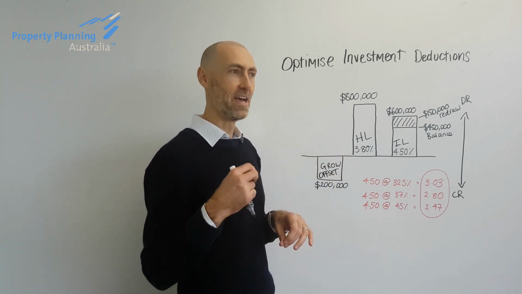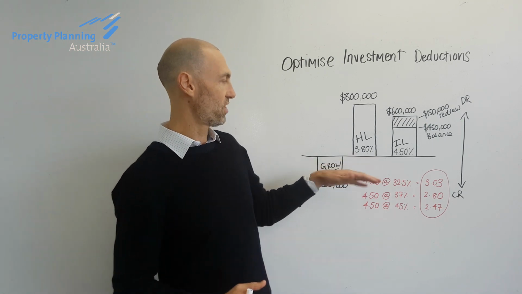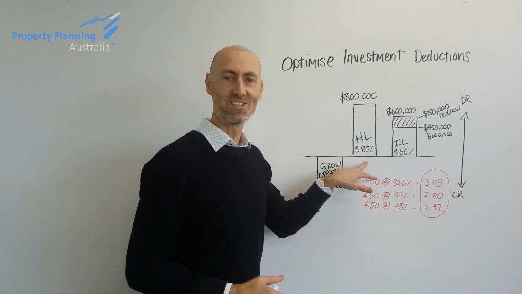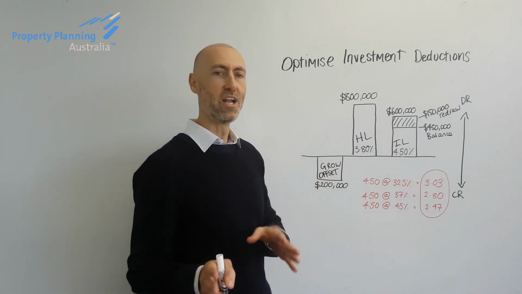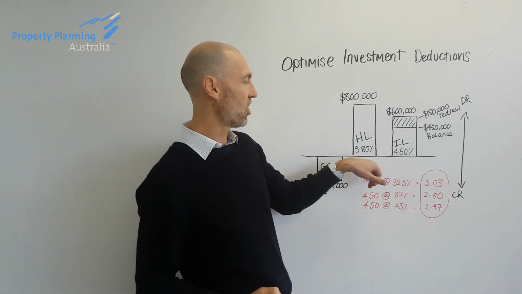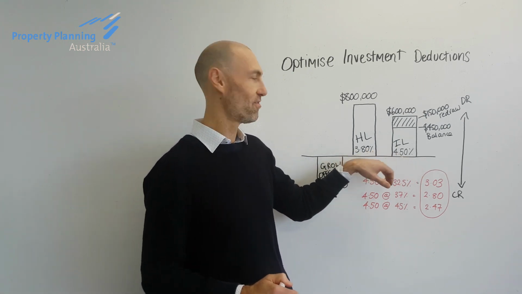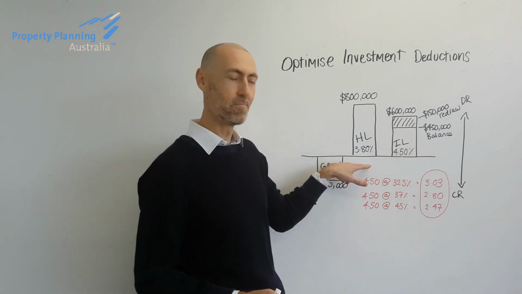Now the other complicating factor to understand is people will think, yeah, but that's okay, my interest rate's lower on my home loan than it is on my investment loan, but not after your tax deduction. All right, so these are pretty common interest rates at the moment for an interest-only investment loan and a principal and interest home loan.